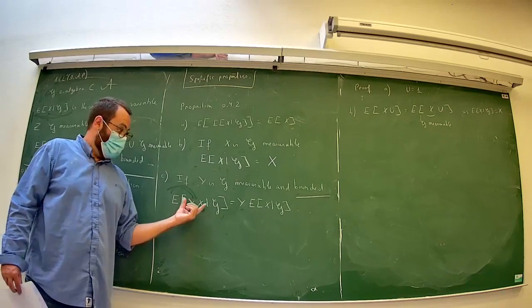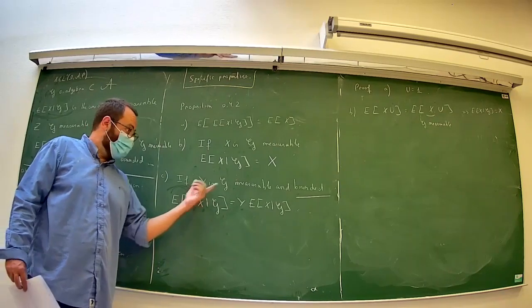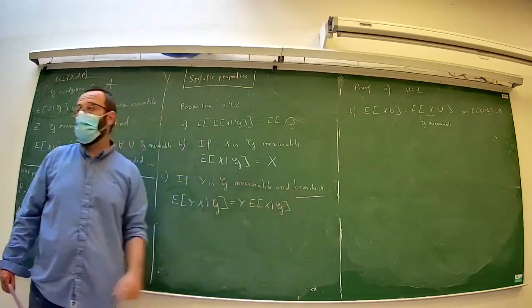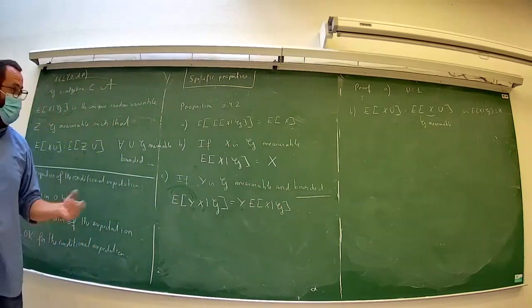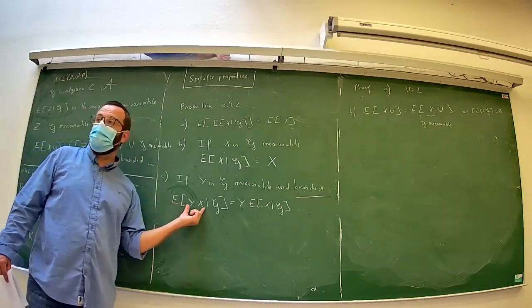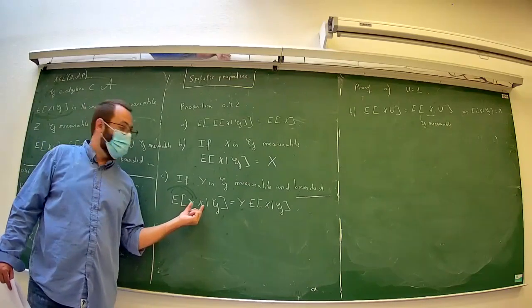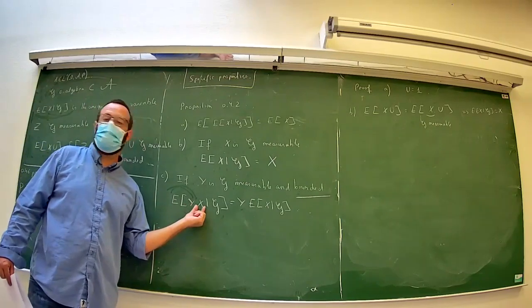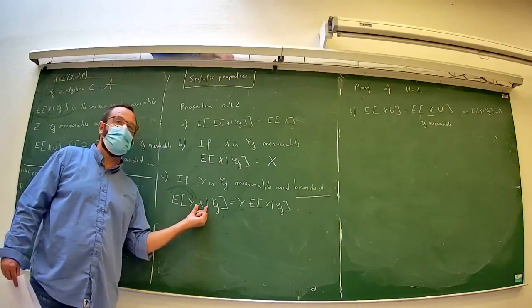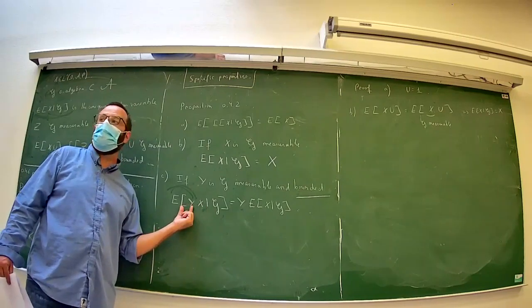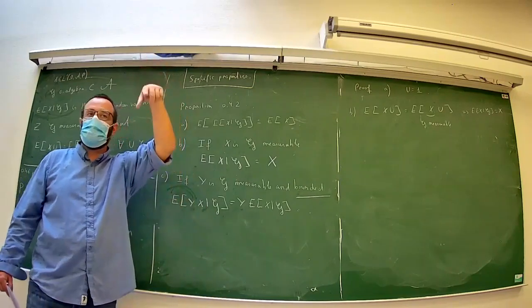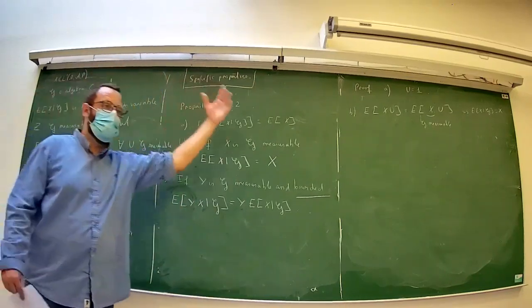But typically, I can replace y bounded by just the fact that I want this one in L1. So for example, if x is in L2, I can take y in L2. If x is in Lp, I can take y in Lq with 1 over p plus 1 over q equal to 1, and so on.